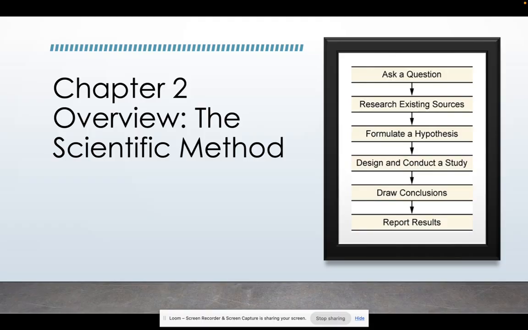And then once you have conducted that study and you've collected your data, you analyze the data to draw conclusions, and you end by reporting your results. Typically in the social sciences, we report results by publishing scholarly journal articles or books.